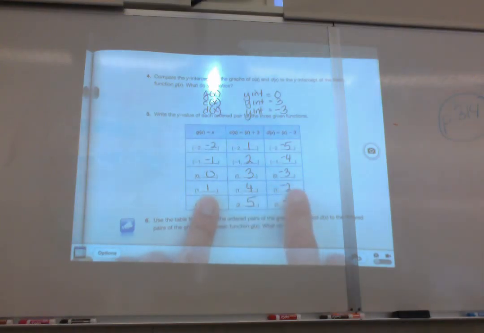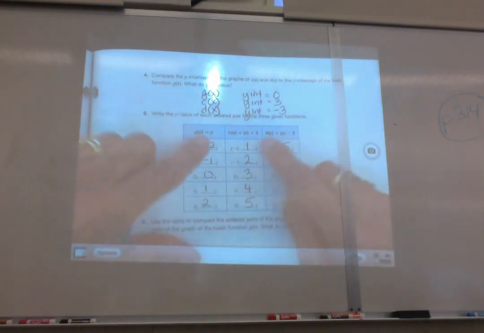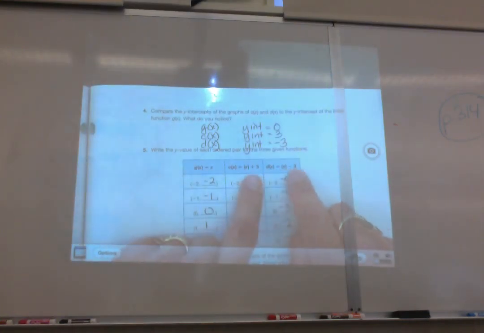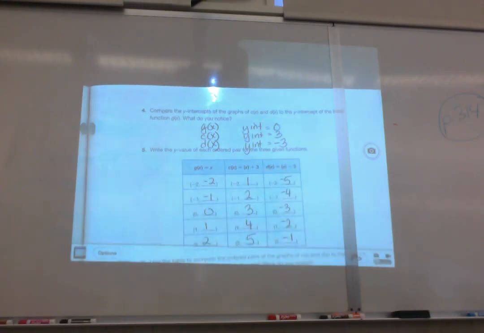How does negative 2 compare to 1? 3 smaller. How about this? 3 bigger and 3 smaller. Okay? So y values are changing by the amount that was up 3 and the minus 3.